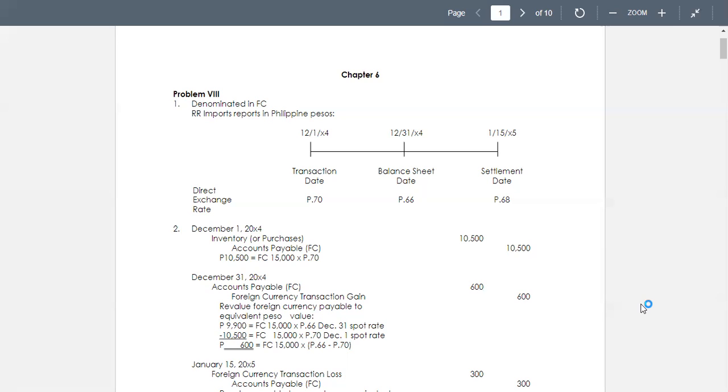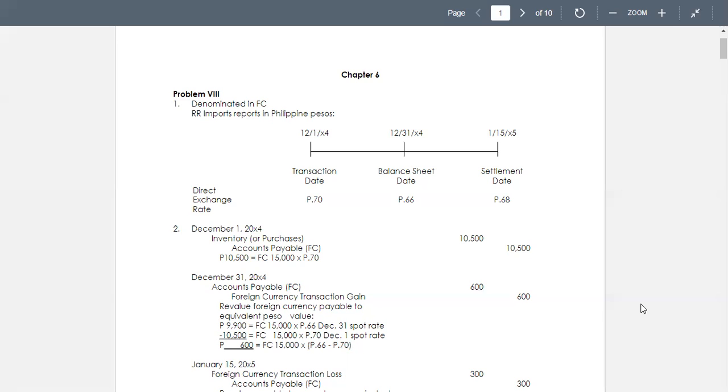10,500. At the end of the year, which is the balance sheet date, we are going to prepare the adjusting entry. So now we debit accounts payable, FC, and credit foreign currency transaction gain. Now there is a gain because the foreign currency now is equivalent to a lower peso value. So 15,000 times 0.66. That's the peso value at year end.